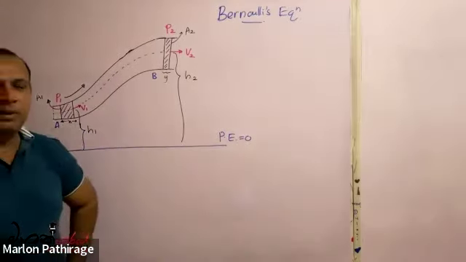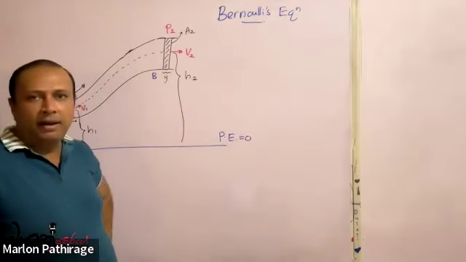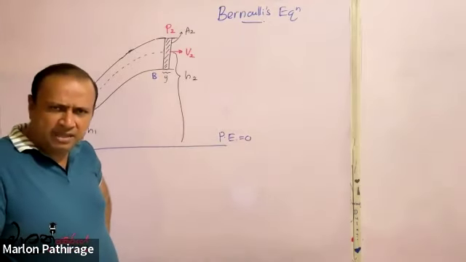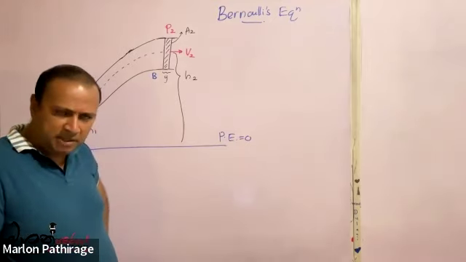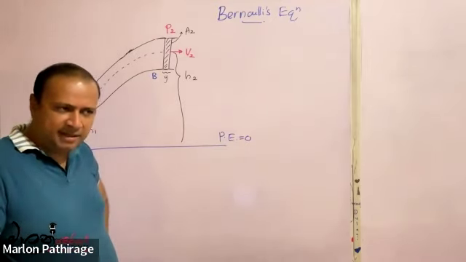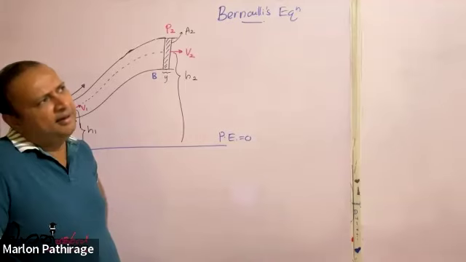You ask if the pressure is high, velocity is low, and when the pressure is low, velocity is high.